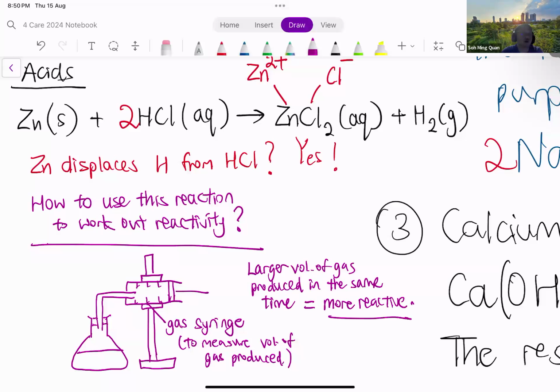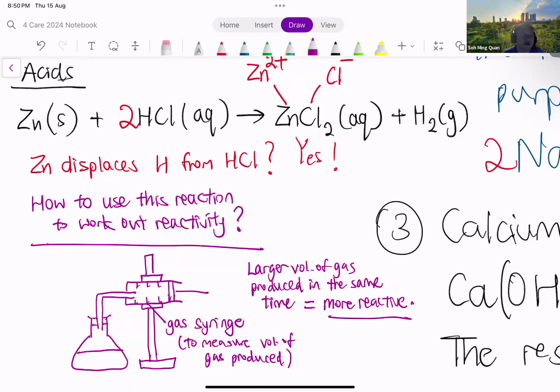Now, we will learn how to describe this in greater detail as we do more practices. But this idea is important. So don't just learn the reaction as acid plus metal. Don't just learn the reactivity series on its own. Think, how would you plan an experiment to work out the order of reactivity?